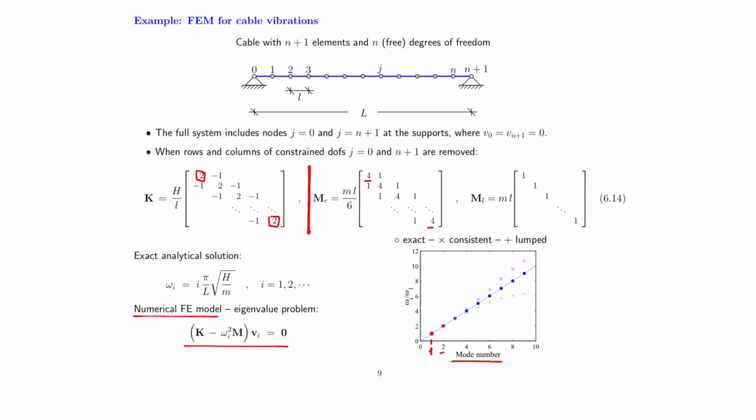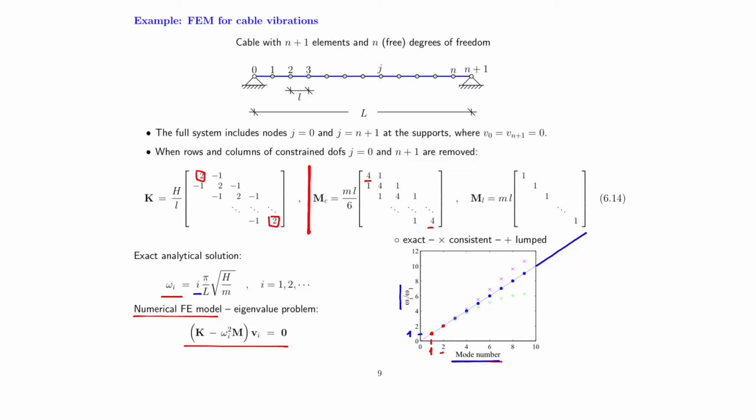In lecture number 5, we actually found the exact solution for cable vibrations for mode number 1, 2, 3, up to infinity. So what we see is a proportionality with the mode number i. And that means in the curve to the right, we will have a linear relation between the mode number and the natural frequency, here normalized with respect to the lowest natural frequency, so that we get a unit value for the first mode.